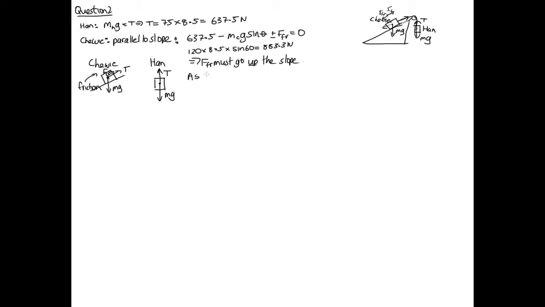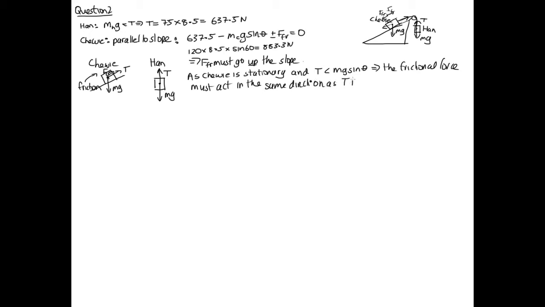As Chewie is stationary and the tension is less than mg sine theta, the frictional force must act in the same direction as T, i.e. up the slope.